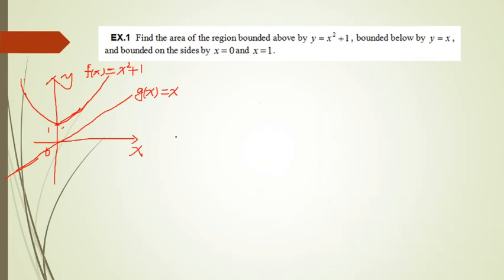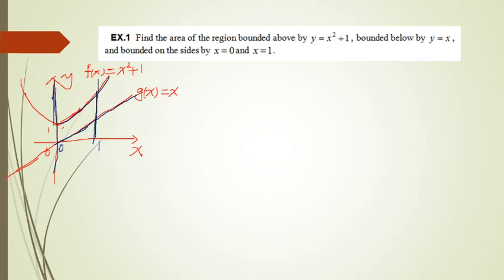So it is bounded above by the parabola x squared plus 1, and bounded below by the straight line, this one. And from x equals 0, the vertical line, this is x equals 0, and then x equals 1.